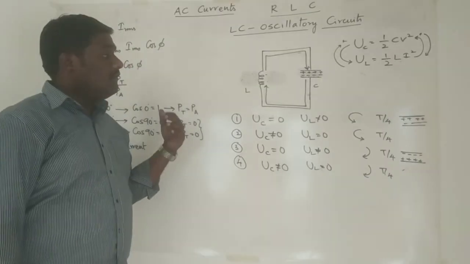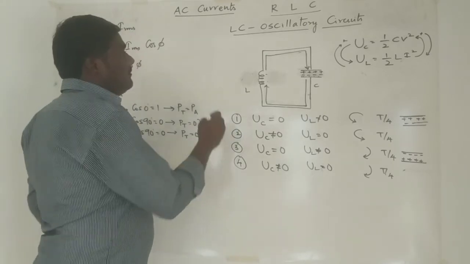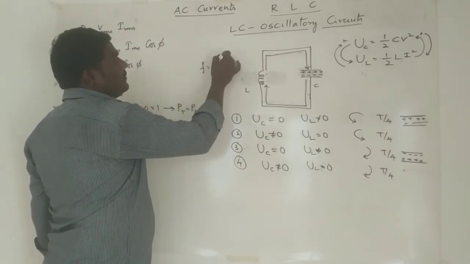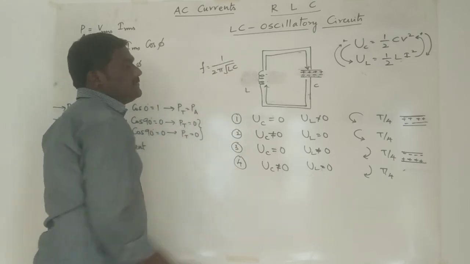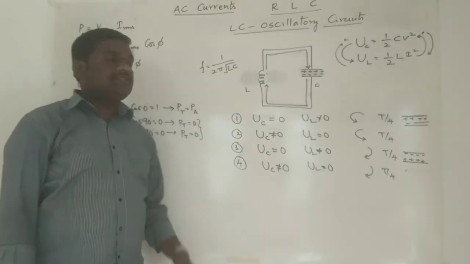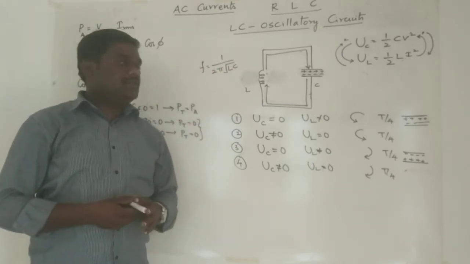Now, on what frequency will these plates get reversed? That is given by f equal to 1 divided by 2π root of LC. Based on this frequency only, the LC oscillator circuit works.